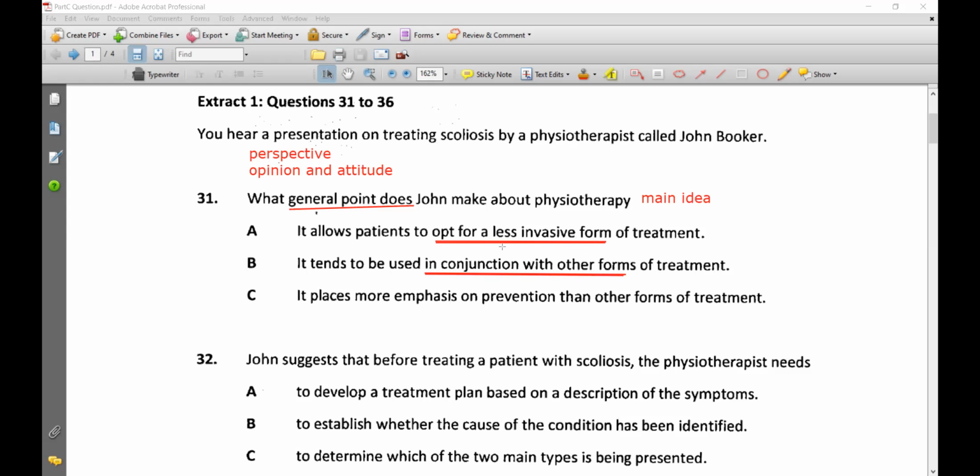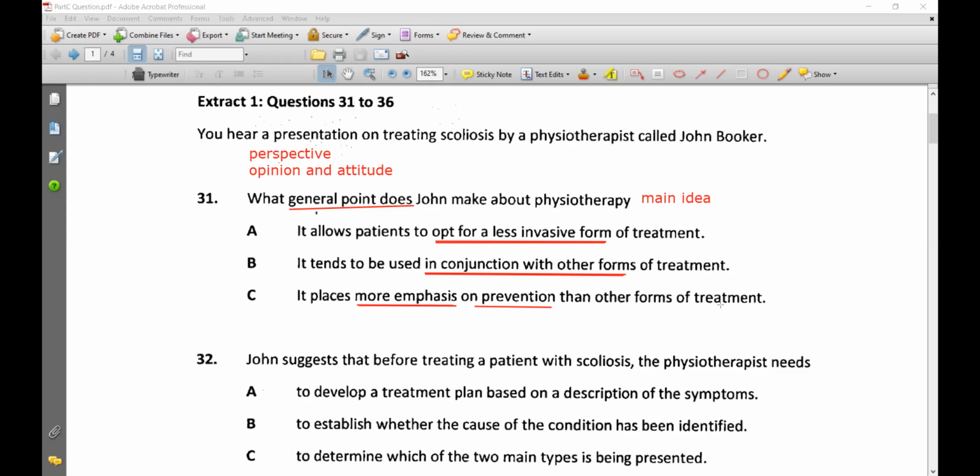But if he describes how physiotherapy works in conjunction, in combination with other forms of treatment, then B is the correct answer. And again, you have comparative language here. There is a comparison. It places more emphasis on prevention than other forms of treatment. So here there is a direct comparison of physiotherapy with other treatments.